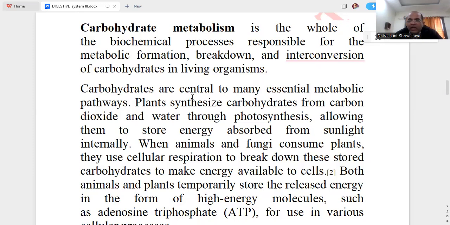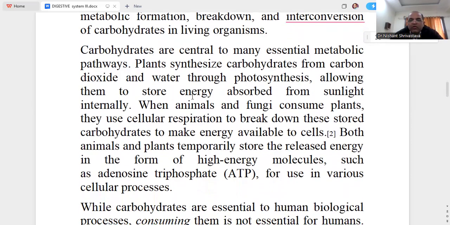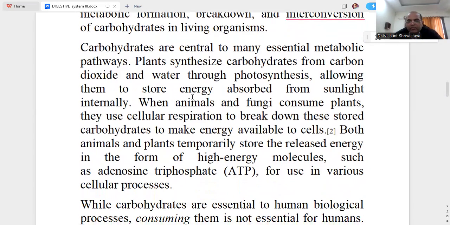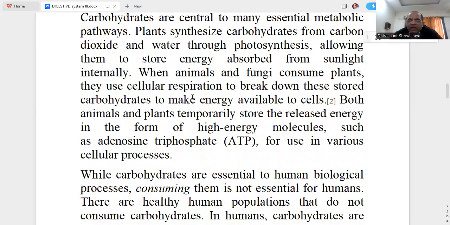When animals and fungi consume plants, they use cellular respiration to break down these stored carbohydrates to make energy available to cells. Both animals and plants temporarily store the released energy in the form of high energy molecules, such as ATP, meaning adenosine triphosphate, for use in various cellular processes.